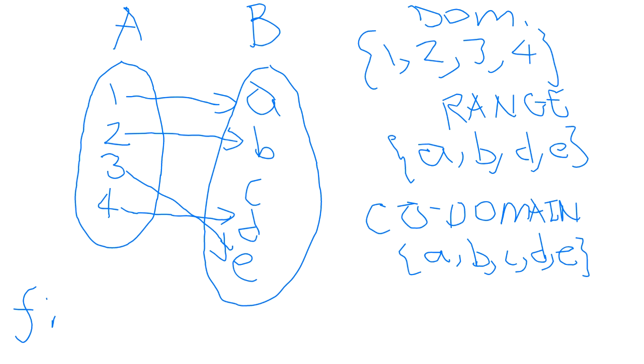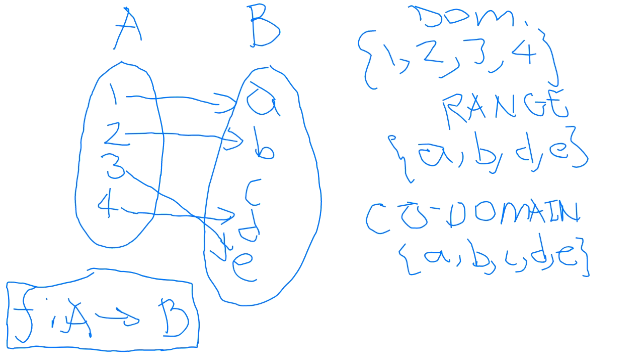Let the function f be a mapping from A to B. That's this little box I write right here. I don't even know how to say it without saying the function.